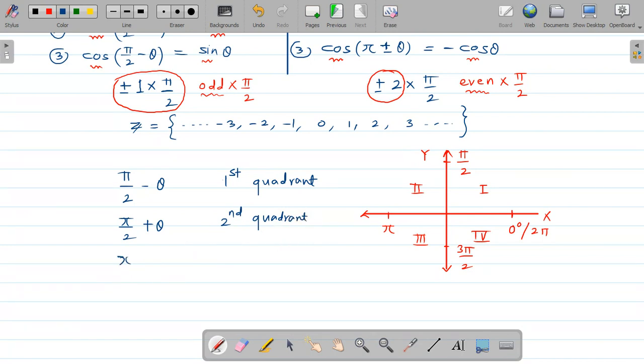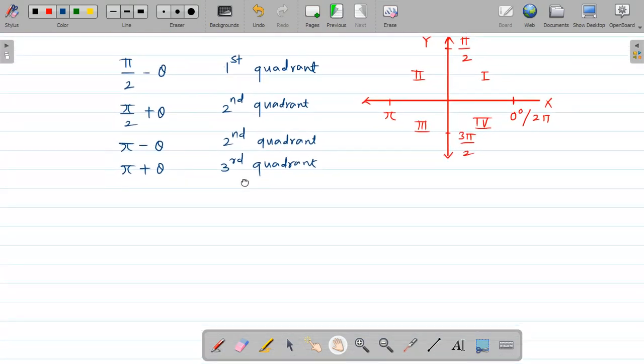Similarly, pi minus theta, means 180 degree minus theta, will also be in the second quadrant. See how to identify the quadrant. If I take pi plus theta, it will lie in the third quadrant, and so on. Depending on the angle, from this figure you can determine the quadrant of the angle.